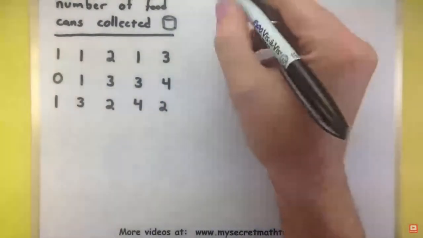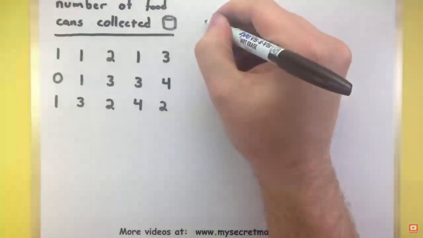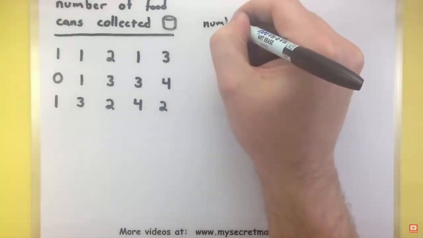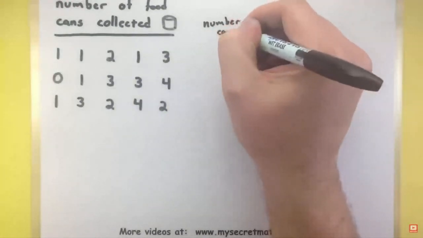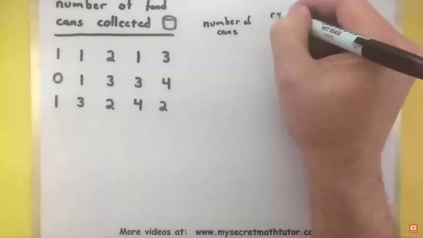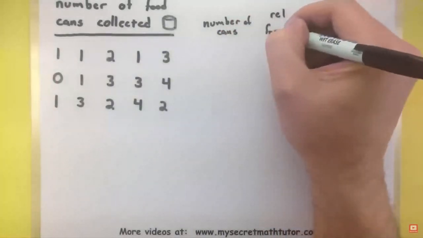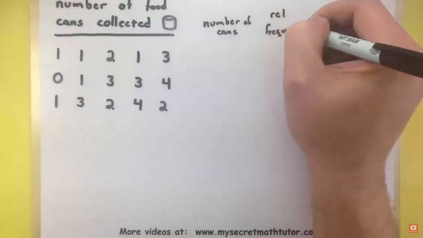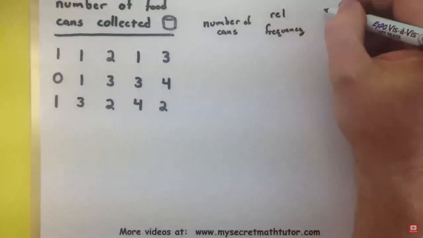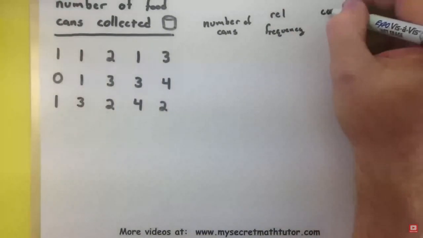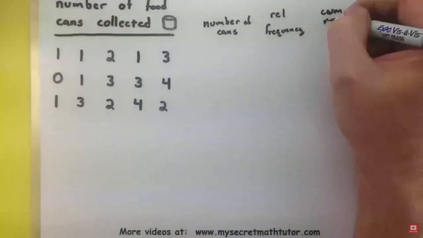So let's see what we got. Let's do the number of cans. We'll do their relative frequency. And here's where we will put the cumulative relative frequency.